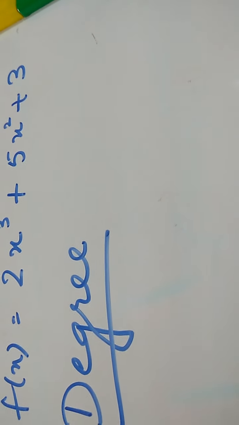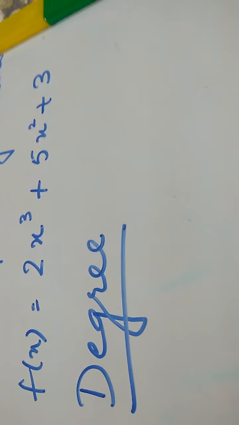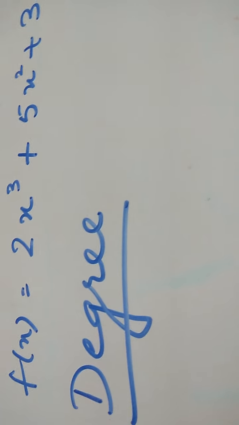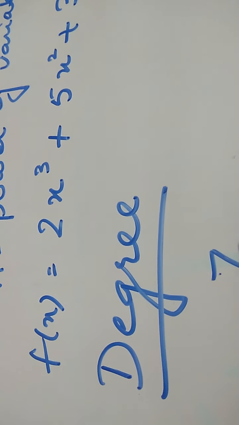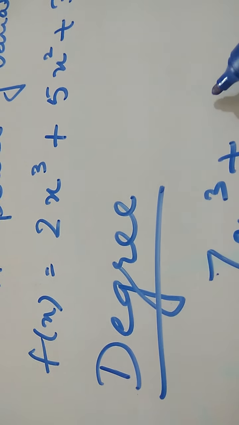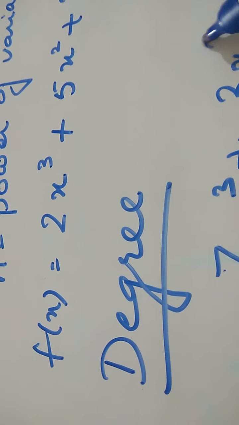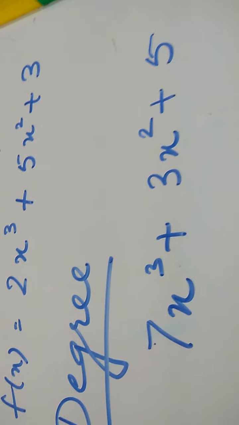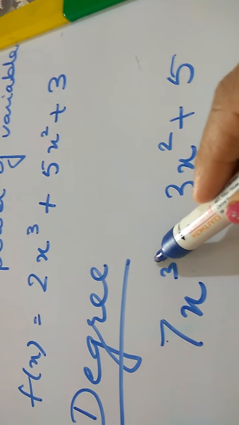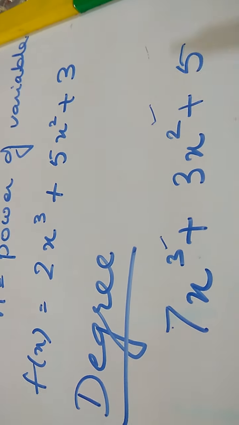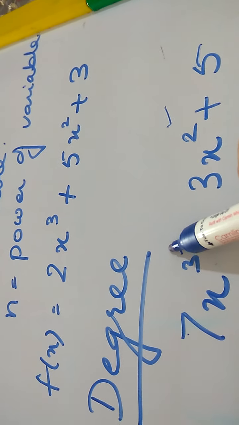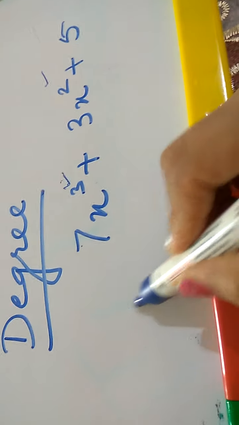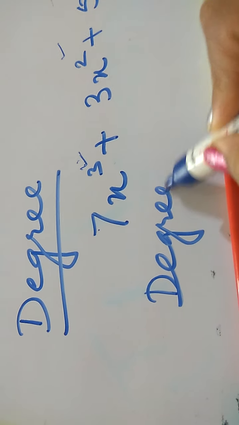So that means if I write a polynomial 7x cube plus 3x square plus 5, then the exponents of the variable are cube and square. So out of this, cube or the power 3 is the highest power. So degree of this polynomial will be 3.